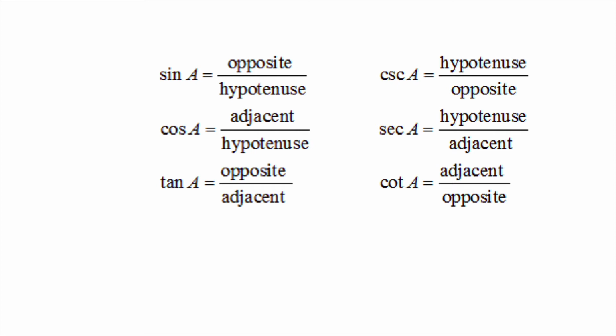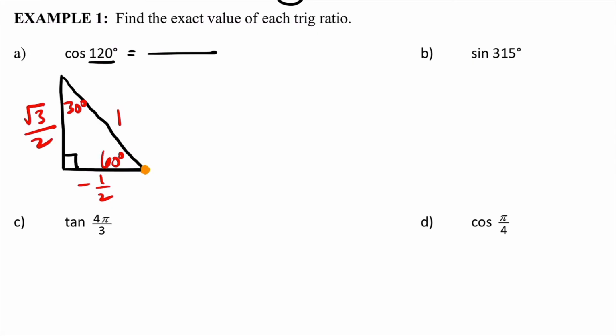Okay, so let's go back to my picture. Adjacent from where? That's why we draw the dot. Adjacent from the center, from the dot, which side is adjacent? Negative 1/2. Yep, right here, right next to it. This guy is opposite the dot. We don't want opposite. We want adjacent.